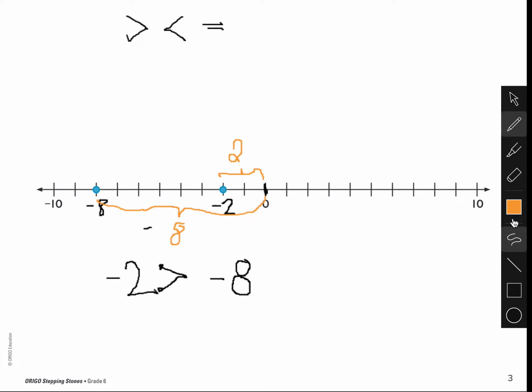Okay, I'm going to delete this little dash scribble I had there. Now which distance is greater? If we wanted to compare the distance between -2 and -8 from 0, we would say which one is further. Which one has a greater distance from 0? -8 does.